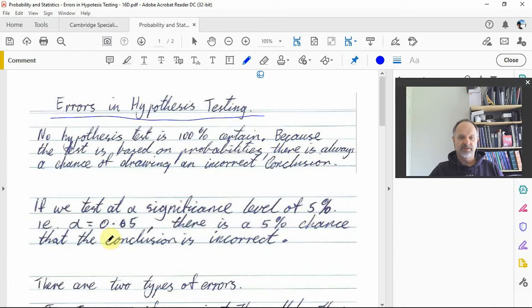So if, for example, we test for a significance level of 5%, then there's a 5% chance that the conclusion's incorrect.